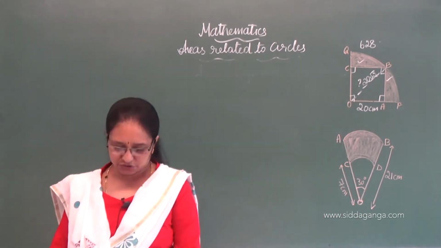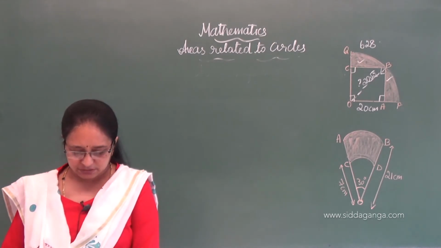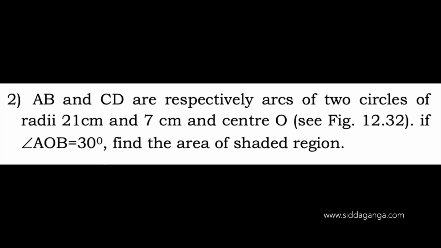I am going to read the question for you now. 14th one: AB and CD are respectively the arcs of two concentric circles of radii 21 centimeter and 7 centimeter and the center O. If angle AOB is equal to 30 degree, find the area of the shaded region.